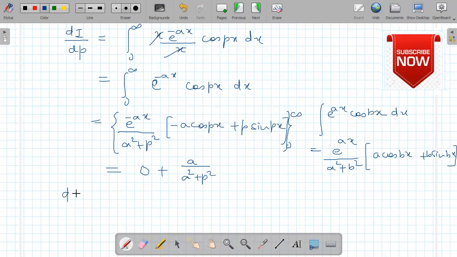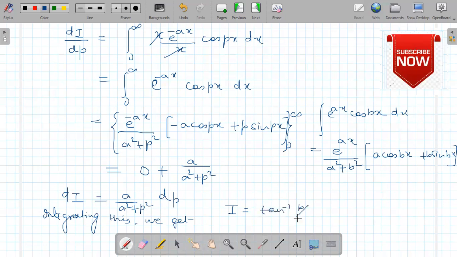Now dI will be equal to a upon a square plus p square into dp. When you integrate this, we get I is equal to tan inverse p upon a plus c.